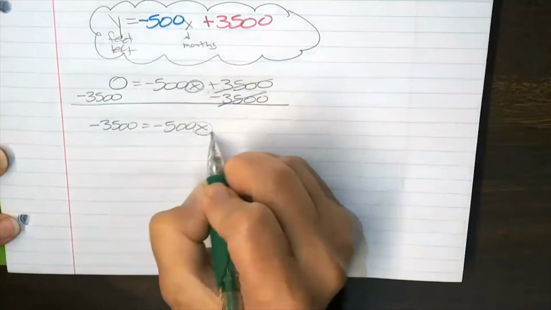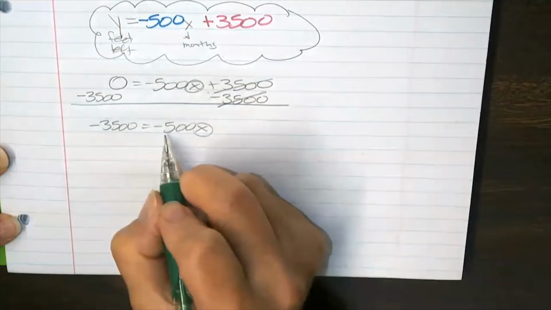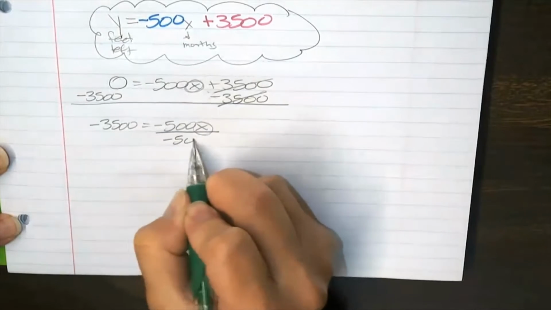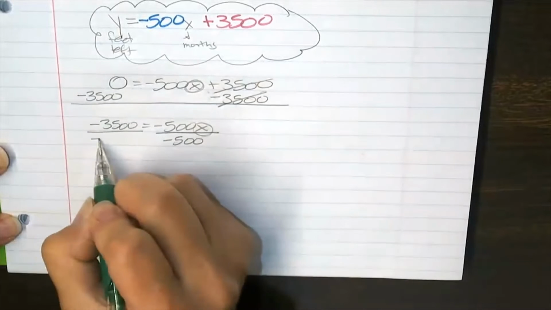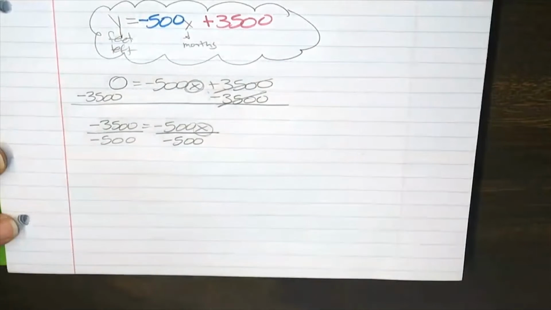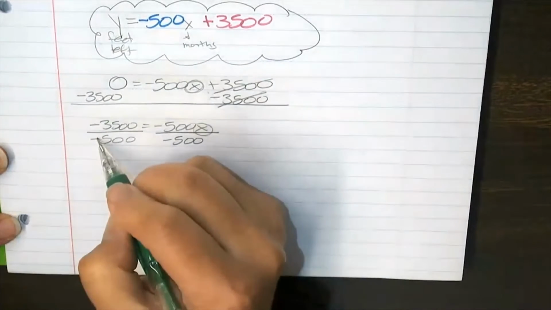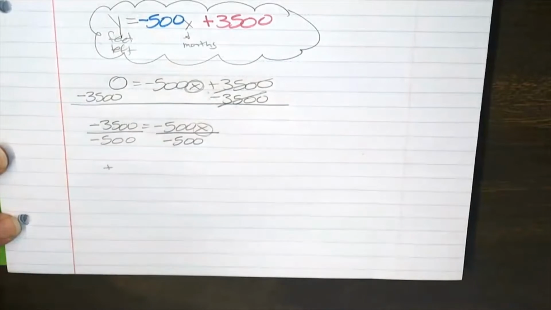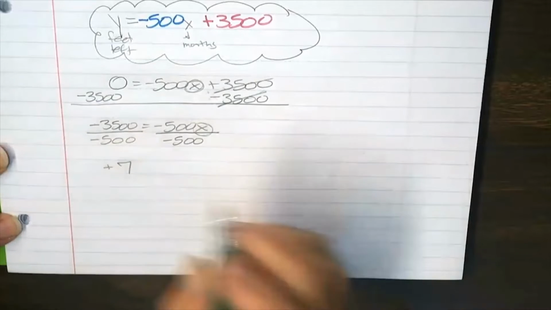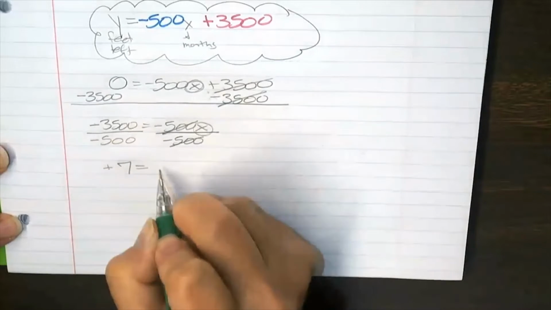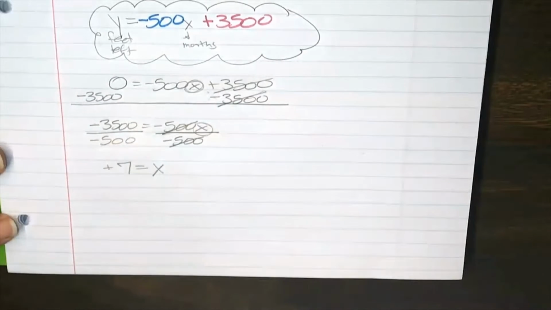I still want to isolate my variable, so I'm going to divide by negative 500. What I do to one side, I must do to the other. A negative and a negative is positive. 3,500 divided by 500 is 7. These guys canceled. Here's my X.